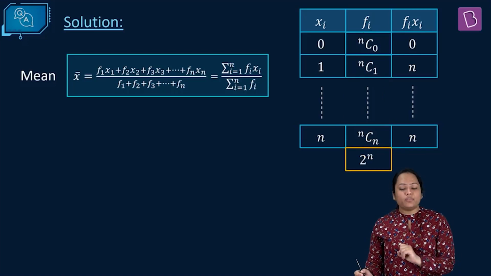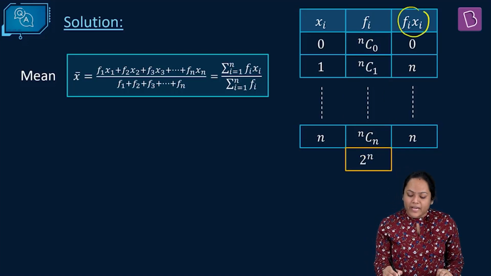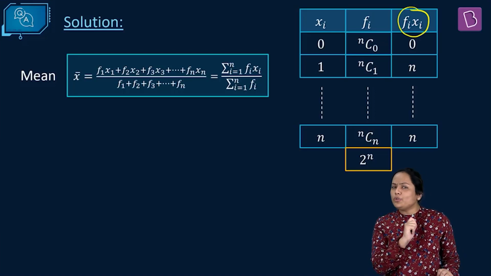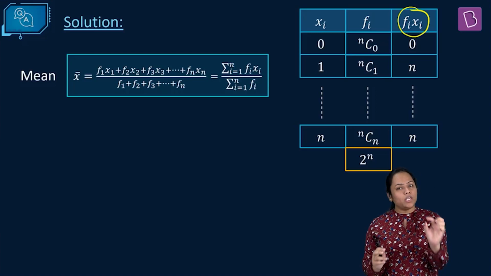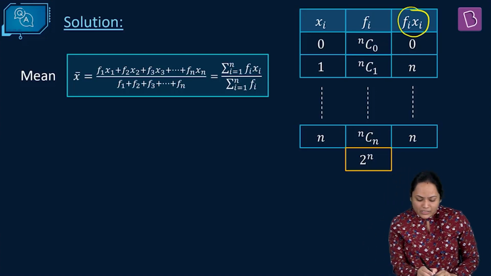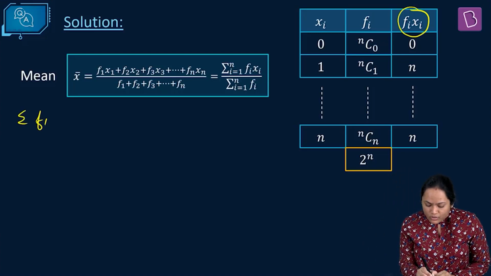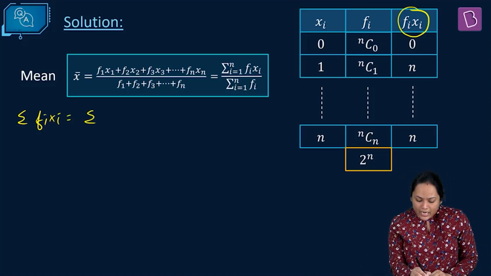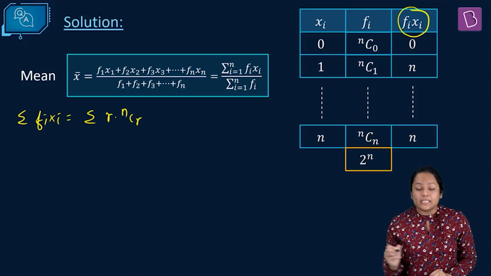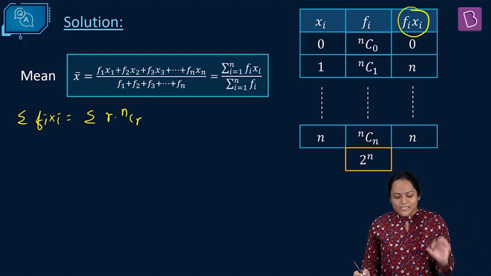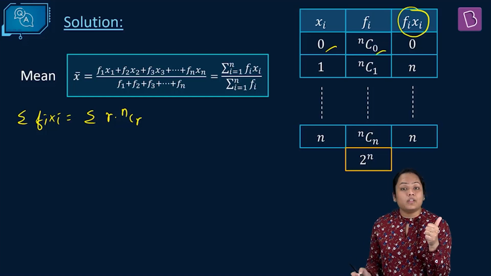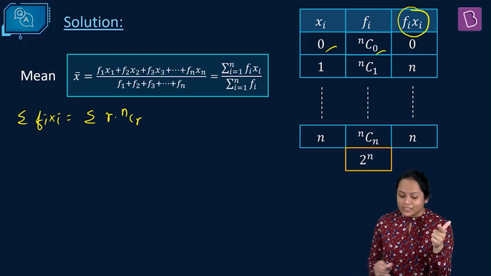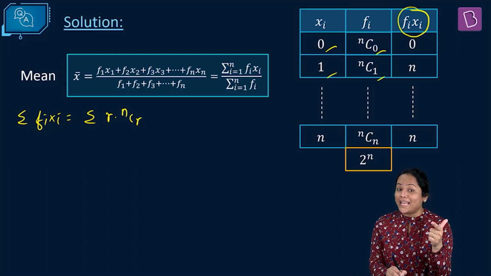Okay, now I have to find summation of fi xi. How am I going to do this? Well, if I write this entire summation in form of a general term, summation of fi xi can be written as summation of r multiplied by nCr. How have I written this? Well, if my r is 0, my fi is nC0. If my r is 1, my fi is nC1.